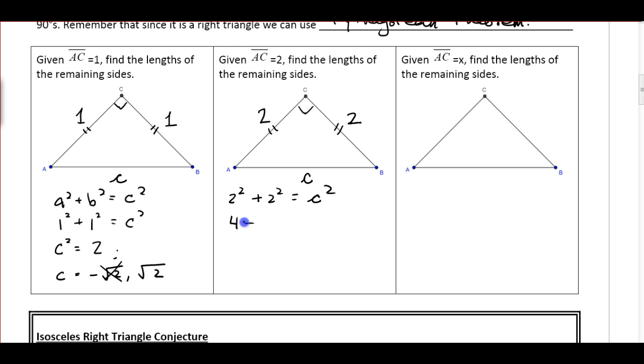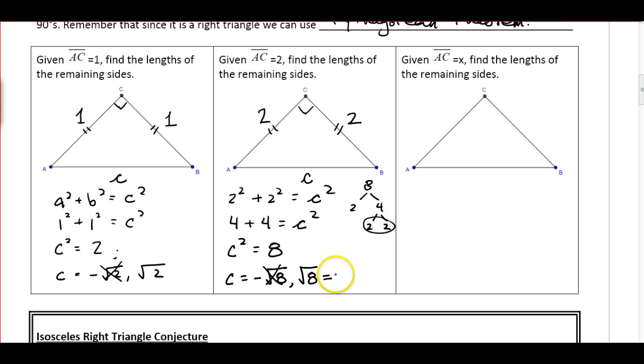So I've got 4 plus 4 is equal to c squared, and c squared is equal to 8, which means that c is equal to negative square root of 8 and positive square root of 8. Again, we don't use the negative one. I'm going to go ahead and simplify this. So 8 is going to be 2 times 4, and then 2 times 2. So this pair of 2's is going to come outside, so that's going to be 2 root 2.